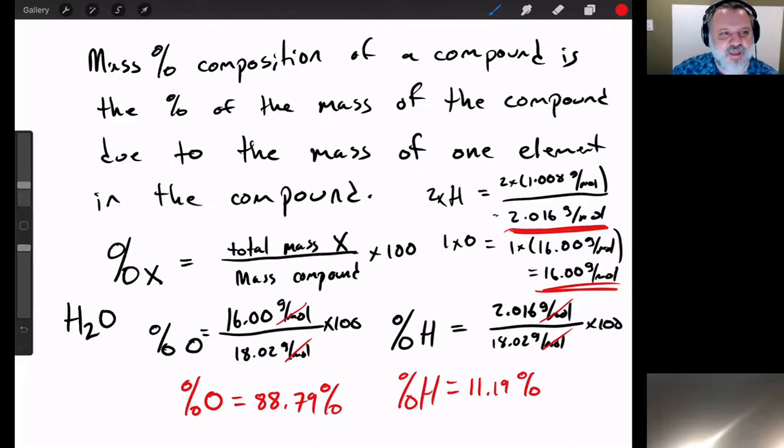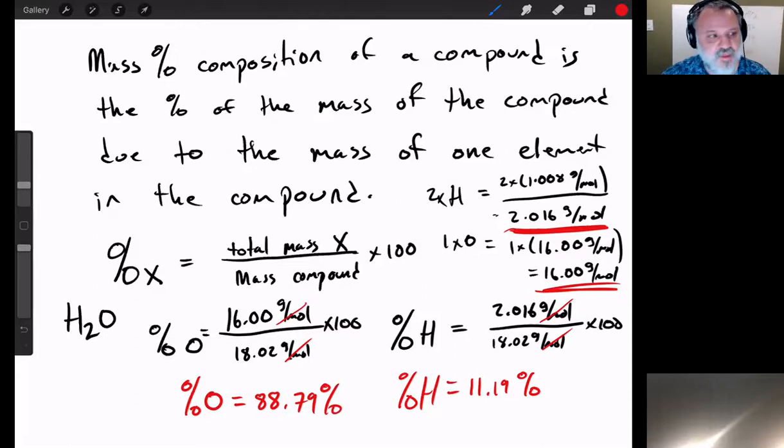Is 99.98, is that 100%? Let me ask this question in another way. Yeah, so let's do 18 divided. This is a good suggestion.